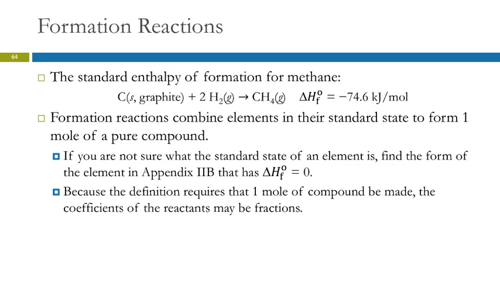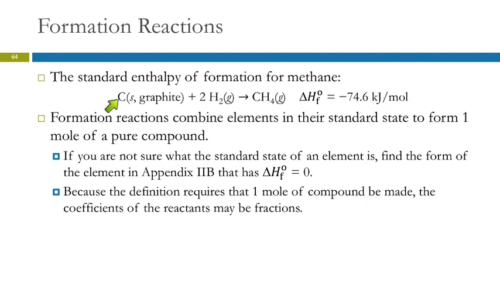So let's look at how this works. If you're making methane from the elements, you're going to write this equation so that you have the elements. We're doing methane, CH4, and so we need carbon and we need hydrogen. We want these elements to be in their standard states. You can look them up in the table.